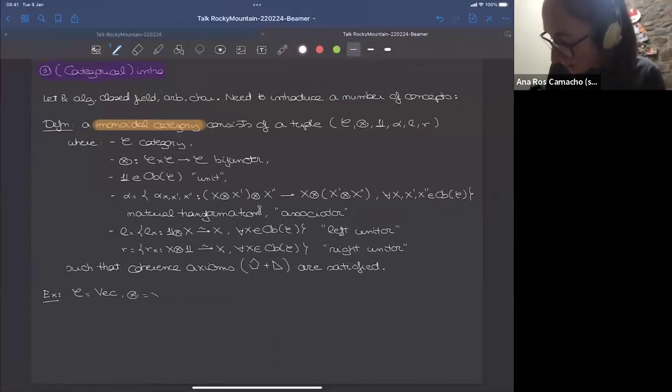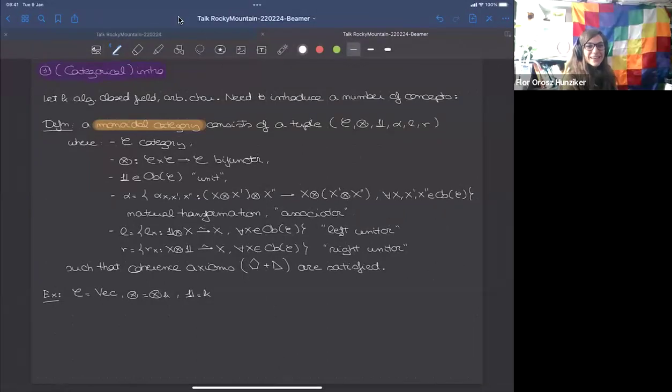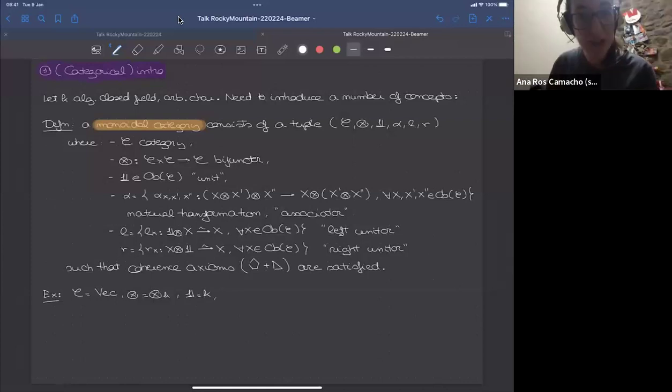Then the tensor product is what you expect, the tensor product over your base field. The unit in this case, by the way, I hope you're seeing what I'm writing. Yes, thanks. Good, just checking. The unit is the base field, and the associator and left and right unities are the obvious ones that you may remember from linear algebra 1.